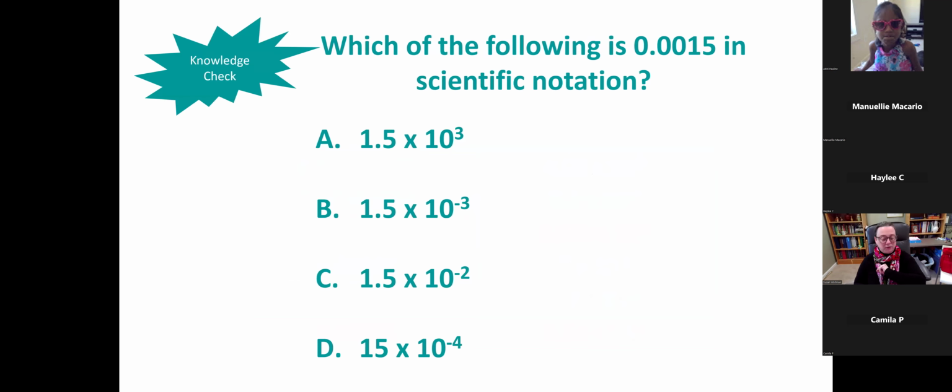All right, let me give you a few knowledge checks. That's how we'll end our day here with only two little multiple choice questions. Again, we're going to use the chat box, or you can just shout things out. Chat box is probably more polite at this point. So which of the following is 0.0015 in scientific notation?